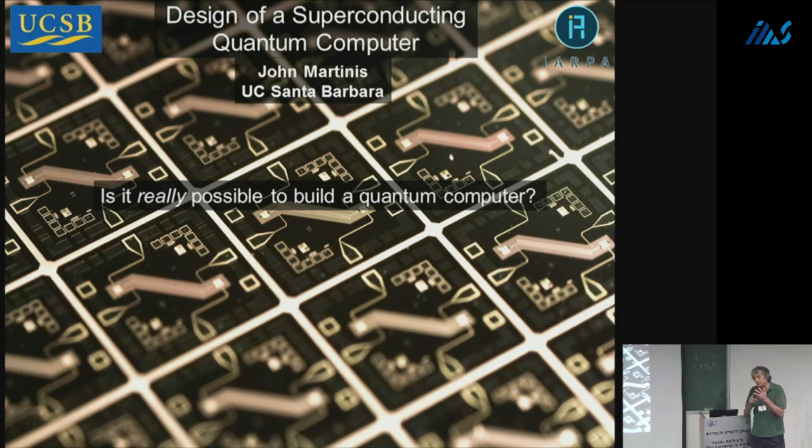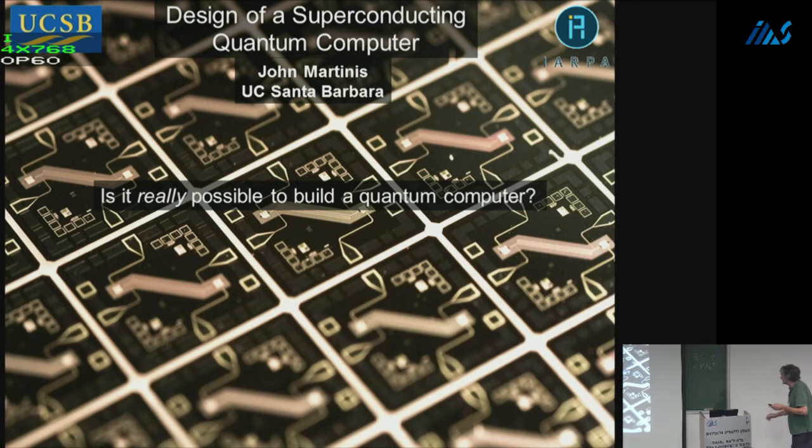Because quantum information is a new field, and we actually have to invent the technology ourselves. I have to train students and postdocs to invent the technology so that we can make the advances. And that's the hard part. We're building this technology as we go along.